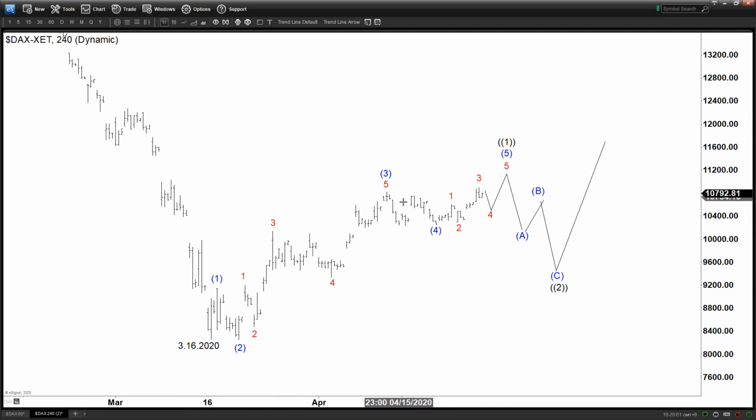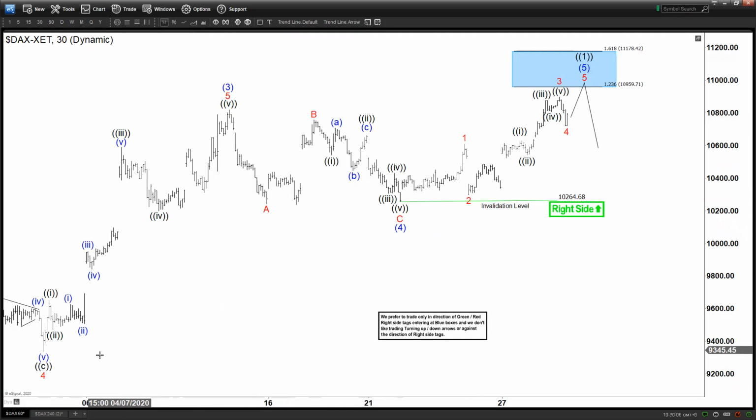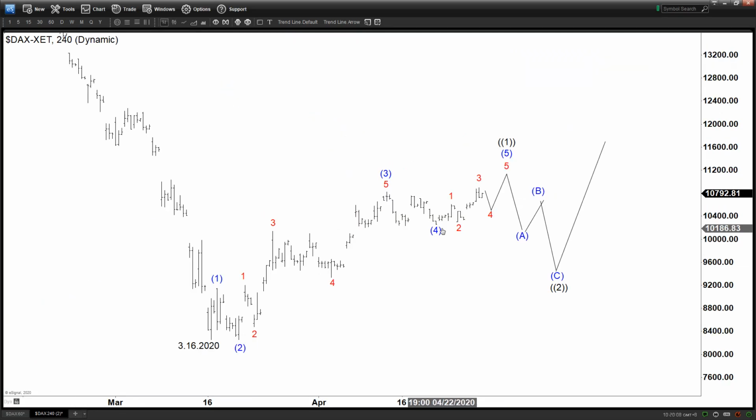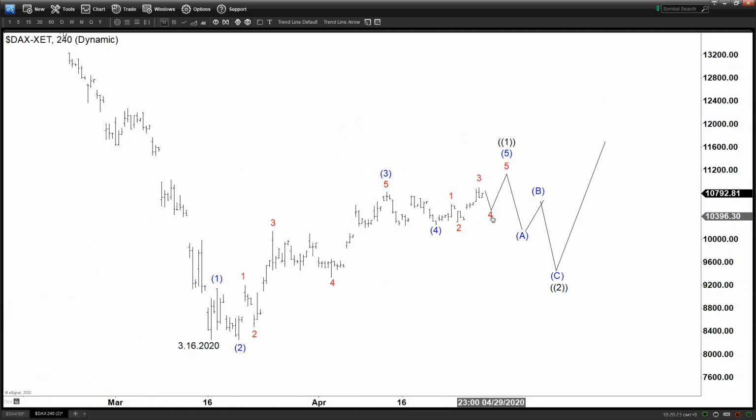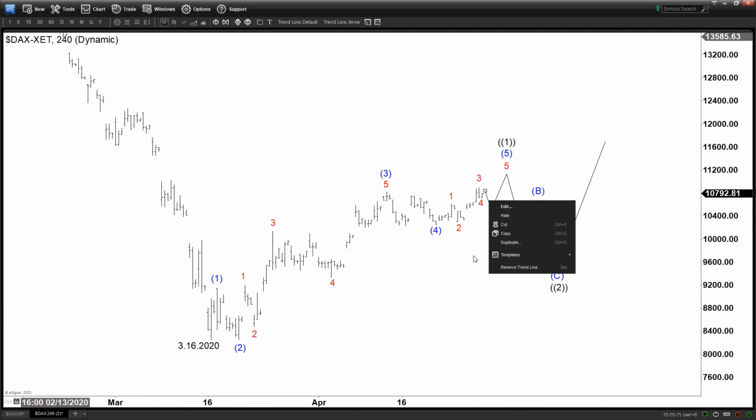This is the 3 and 4 that we saw right here in the 30 minutes chart, right? So we got 3 and 4. This is your 1 and 2, and this is the subdivision of the 3 here: 1, 2, 3, 4, 5. Now we're finishing up with 5. Possibly we can get one more push higher like what we are showing here before finishing the five waves up.